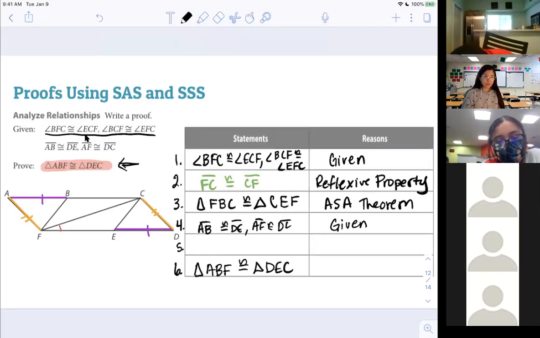Without looking at the proof, what do I still need in order to prove that? BF and CE. So I need to prove to you that BF is congruent to CE.